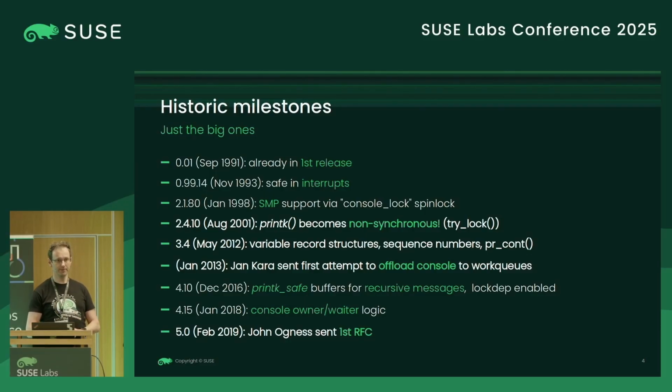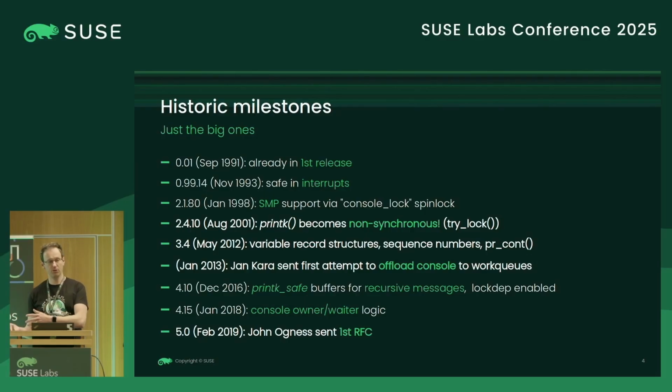And so Andrew Morton added an interesting trick that uses a trylock in printk, and the one printk that got the lock for consoles became responsible for flushing everything, even when other CPUs added messages in parallel.